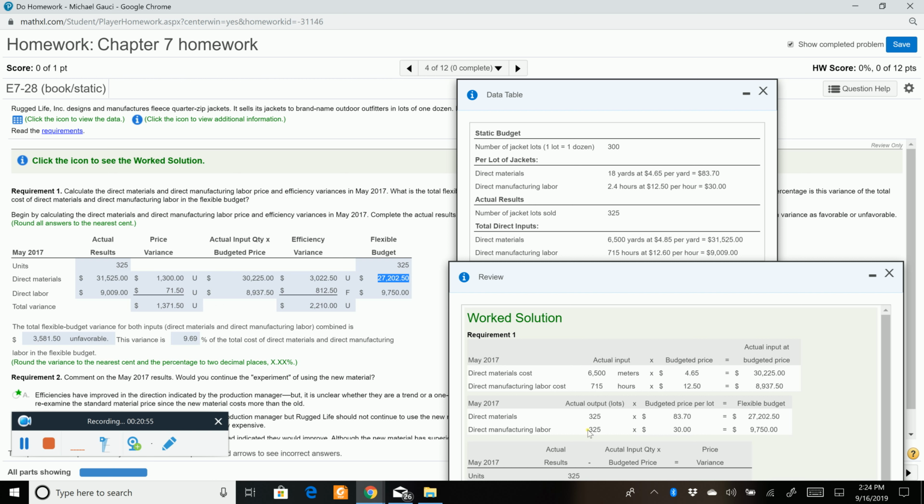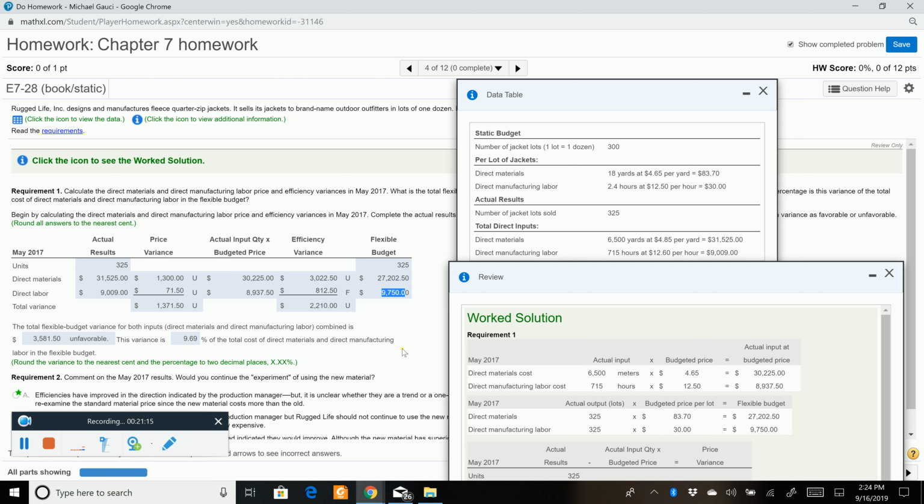Same thing with labor, 325 lots times the budget for the labor, which the author said was $30 per lot. That works out to $9,750. So if you compare the actual results to the flex budget, you have the overall flex budget variance.